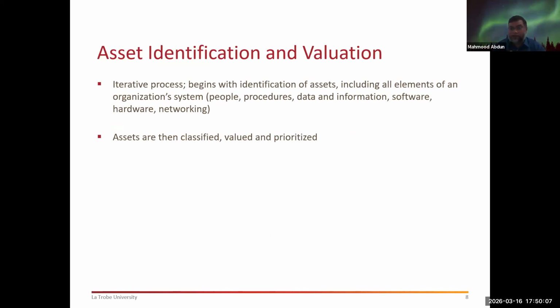Remember in NIST CSF identification? And also in CIS controls, the first two controls are identification of hardware assets and software assets. These are all very well-known concepts. Identification of assets is the first part of risk assessment.